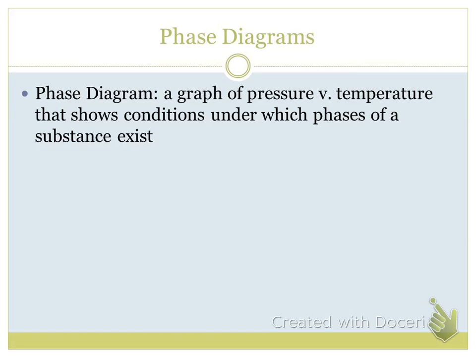Okay, and what a phase diagram does, it gives us the specific conditions in terms of pressure and temperature in which these phases would exist. Okay? So let's think about water for a little bit, and let's get on terms of Celsius temperatures.